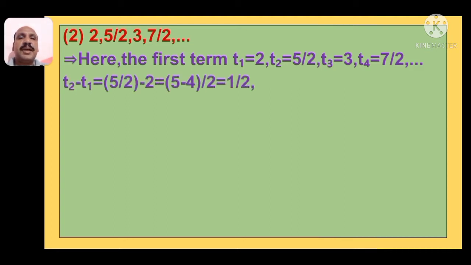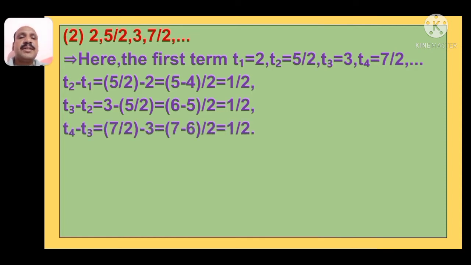That means T2 minus T1 is equal to 5/2 minus 2. When we calculate this, we get (5 minus 4)/2, that is 1/2. That means the difference between T2 and T1 is 1/2. Similarly, T3 minus T2 is equal to 3 minus 5/2, which is equal to (6 minus 5)/2, which is equal to 1/2.